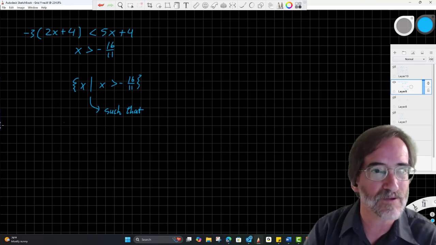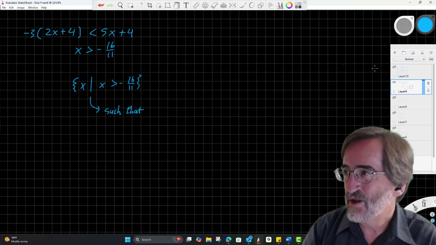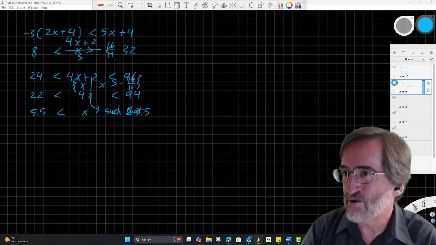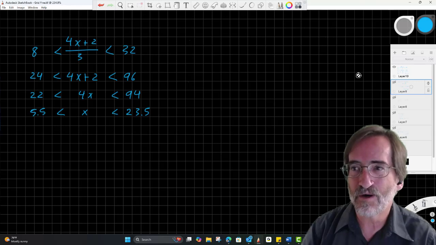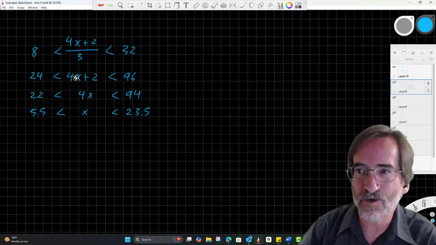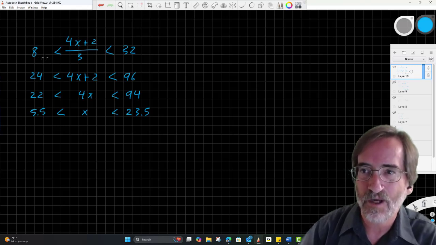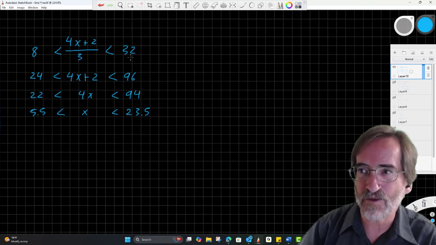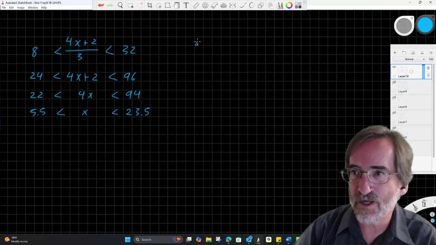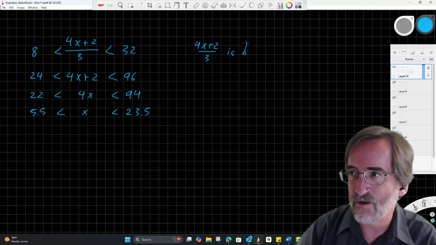Okay, and our last example here, another one here, I've walked through the steps. You do not need to know the steps for solving an inequality, but this is what's known as a compound inequality. We started with 8 is less than 4x plus 2 over 3, which is less than 32, which is another way to say that 4x plus 2 divided by 3 is between 8 and 32.